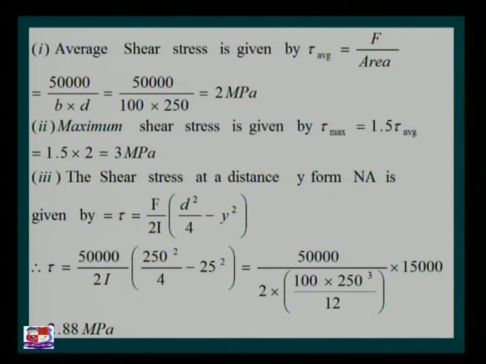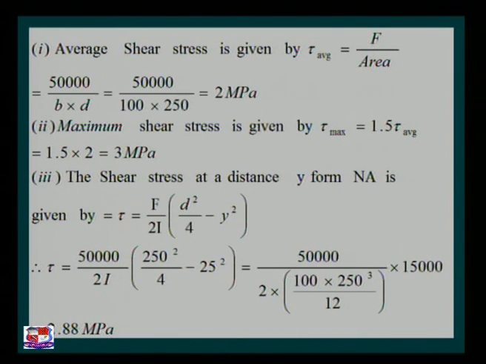Average shear stress is given by a fundamental equation, tau average is equal to F by area. Area is known to us, b cross d, and F, that is 50,000 in Newton, is known to us. So 50,000 divided by 100 cross 250 gives 2 megapascal, that is the average shear stress.